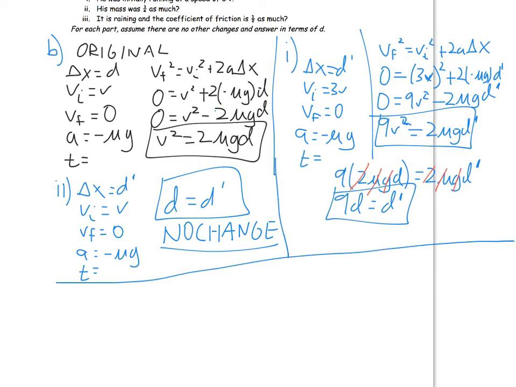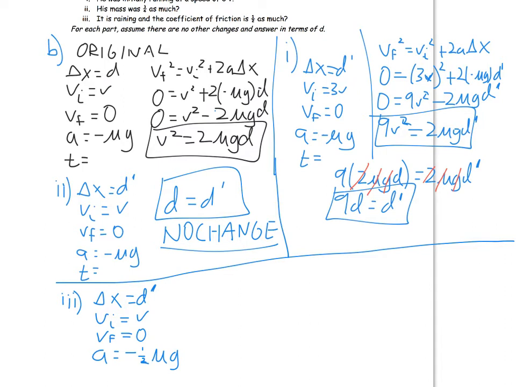For the last one, we're asked what would happen if it's raining and the coefficient of friction was half as much as it was. So we're going to go ahead and set up our kinematics one last time. Our displacement is d prime, initial velocity is v, final is still 0. The one thing that's going to change here is our acceleration is going to now be negative 1/2 mu g, because that coefficient of friction did change, and our acceleration depends on that.